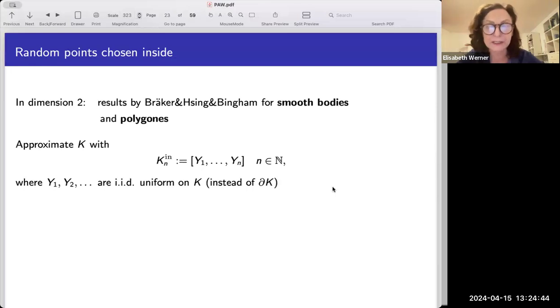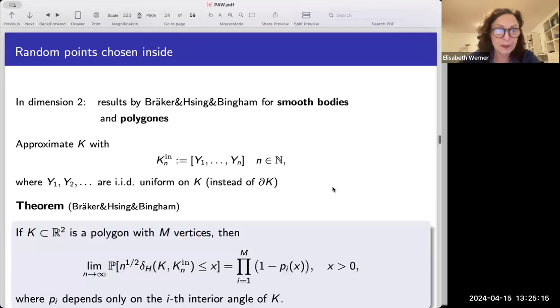Let me give you the setup, which I already mentioned, with more details now. K is given. We now choose i.i.d. uniform in K, and not on the boundary of K, random points y1, y2, up to yn. We look again at the convex hull, and that gives our random polytope Kn superscript in, to denote that we are inside the body.